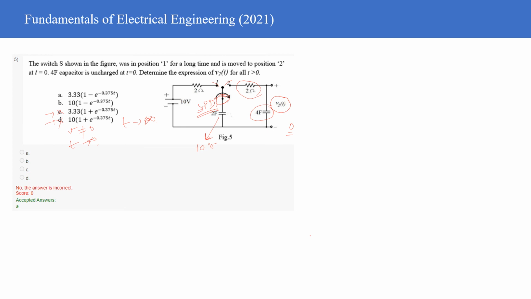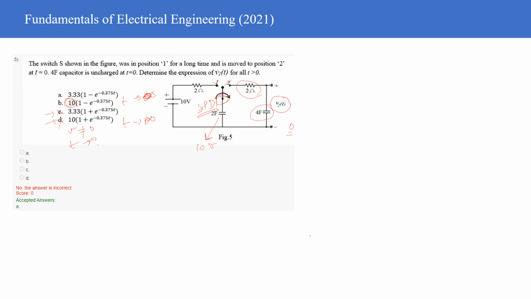How about option number B? Option B is saying that the voltage is equal to 10 volts at time t equals infinity. At time t equals infinity, the voltage was equal to 10 volts, right?